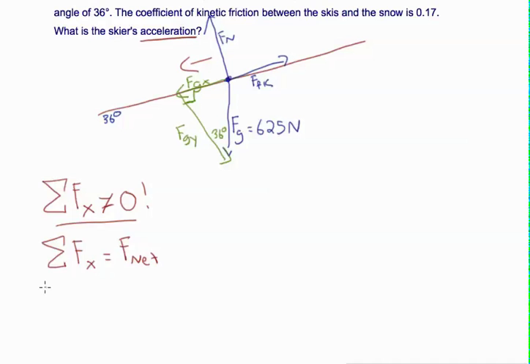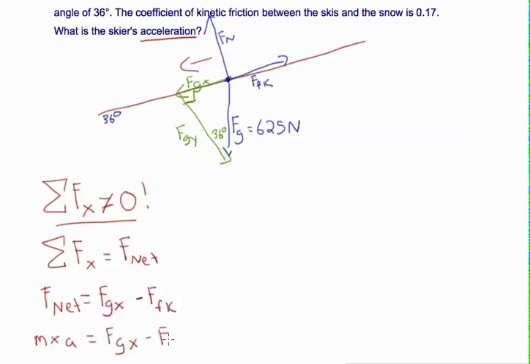So the net force is equal to, and I'm going to say down the hill is positive, FGX minus the frictional force, because that slows them down. And we know that the definition of net force is the force that causes the acceleration. So mass times acceleration equals FGX minus FFK.